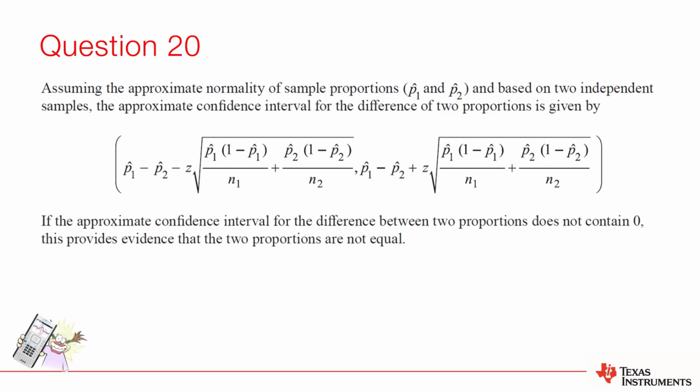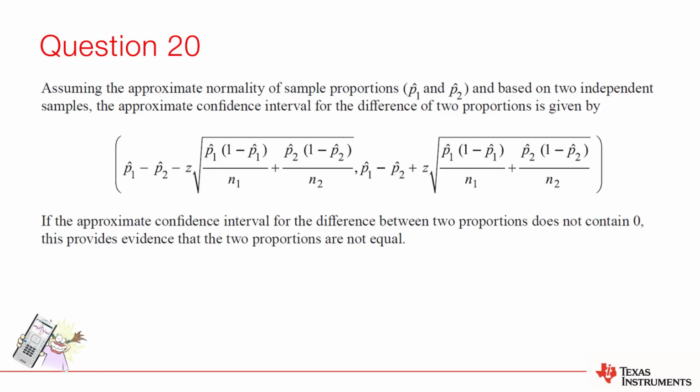Once again, we've got this time a normality of two sample proportions, P1 and P2, based on an approximate confidence interval, P1 minus P2 minus Z. This looks like the formulas for the one sample, but it's got two samples in these things. So if the approximate confidence interval does not contain 0, then this provides evidence that the two proportions are not equal.